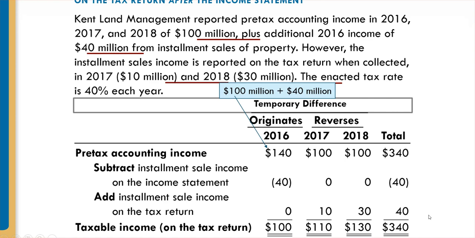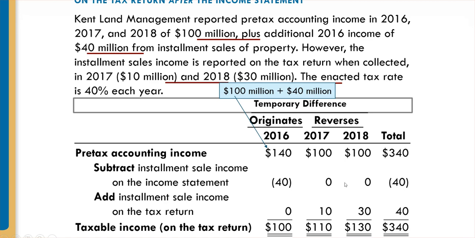I like to show that the thing completely goes away. So what I tend to do is I tend to put the 10 up here, the 30 up here, and then if this is minus 40, this is plus 10, and this is plus 30, then we can see that it completely reverses. At the end of 2018, we will have a 0, right?